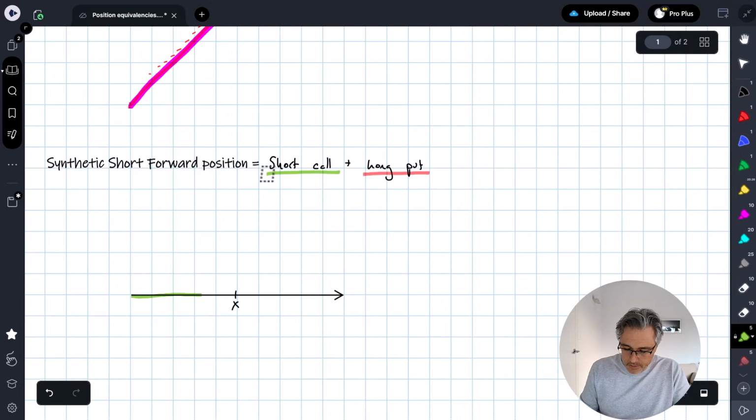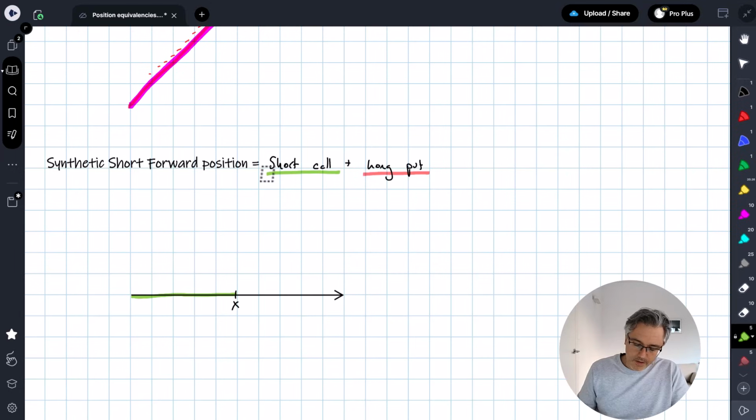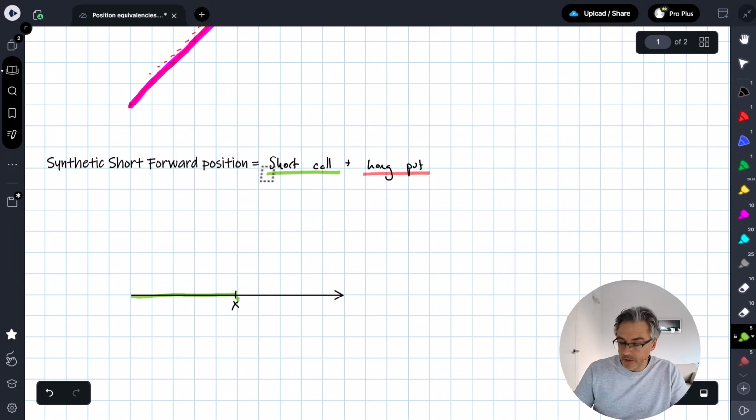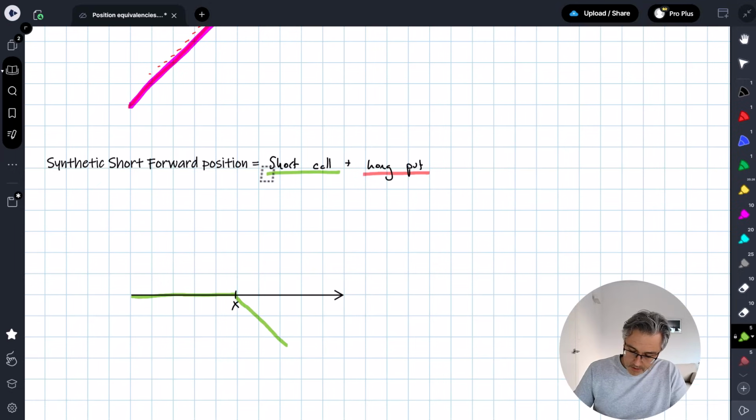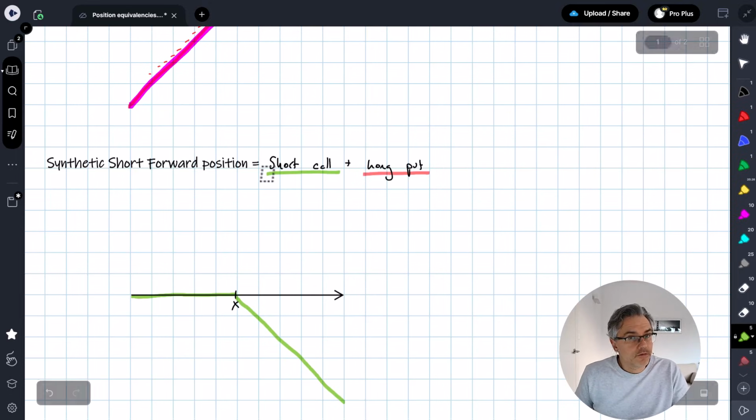A short call looks like this on the left-hand side of X. It's at 0, but then instead of going diagonally up, which would be the case for a long call, it will go diagonally down to the right-hand side of X, and that's characteristic of a short call.